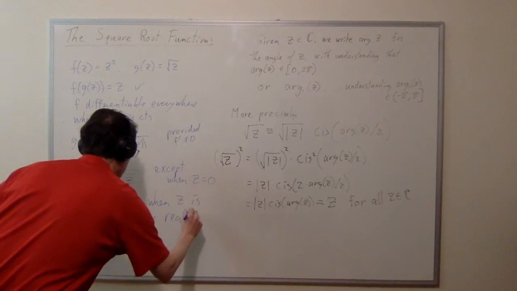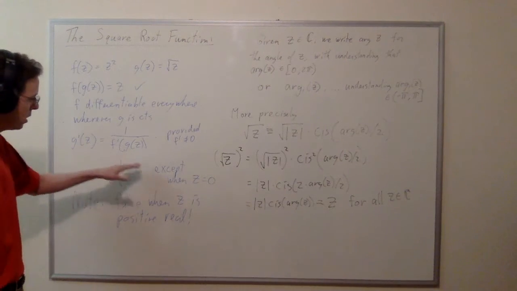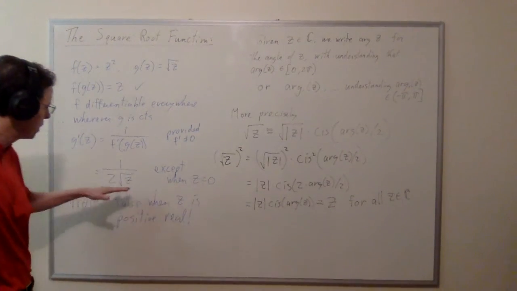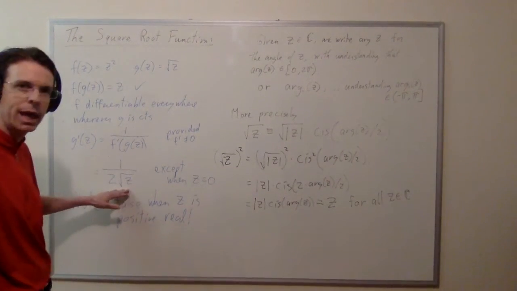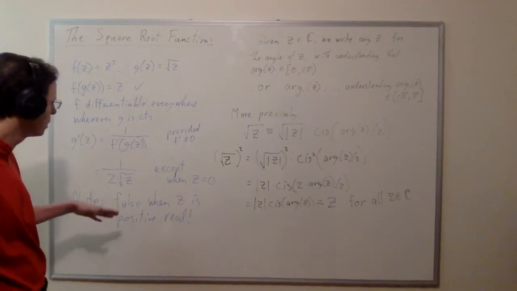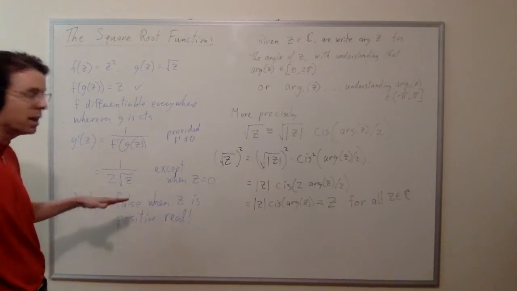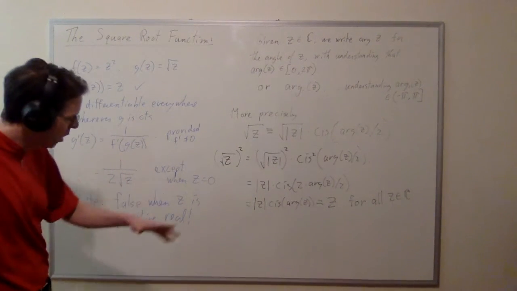And that is a bit strange and surprising because making an exception for z equals 0 is obvious, because this formula can't even be defined when z equals 0.